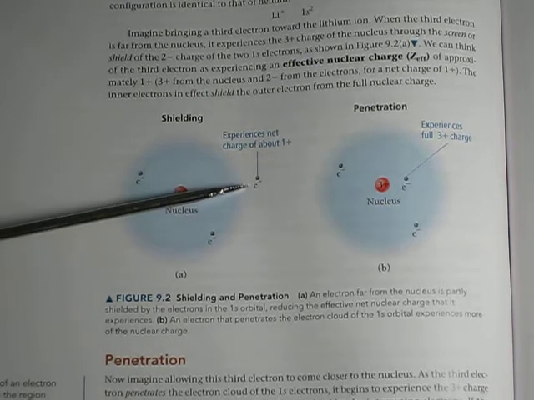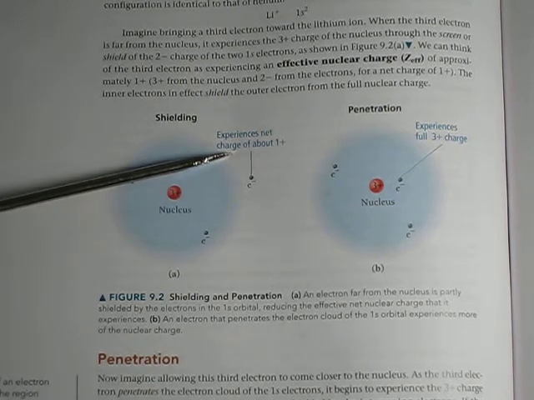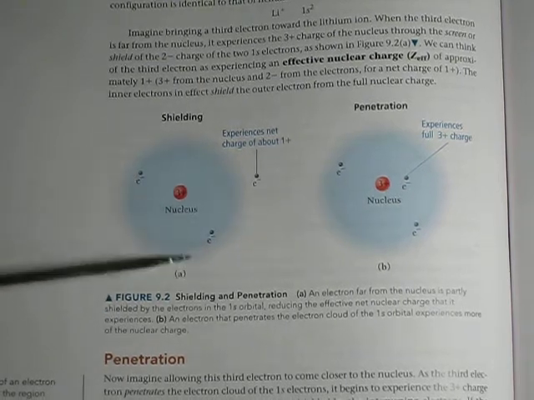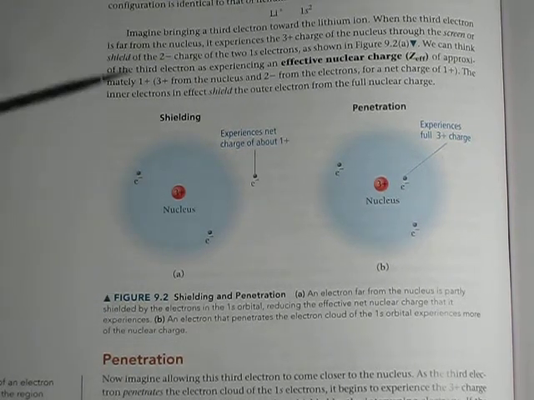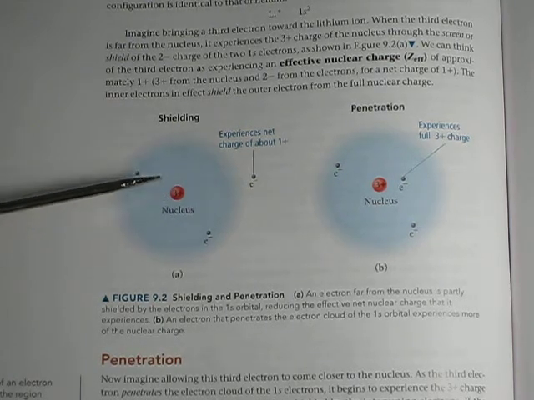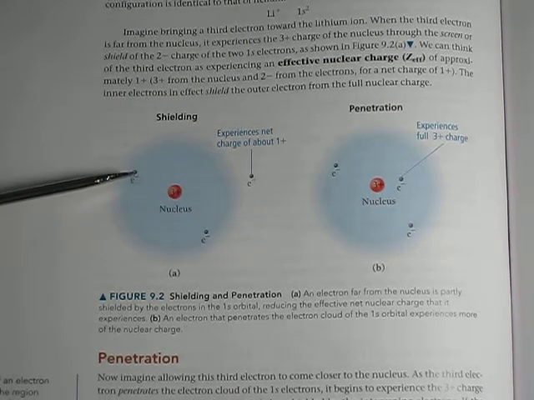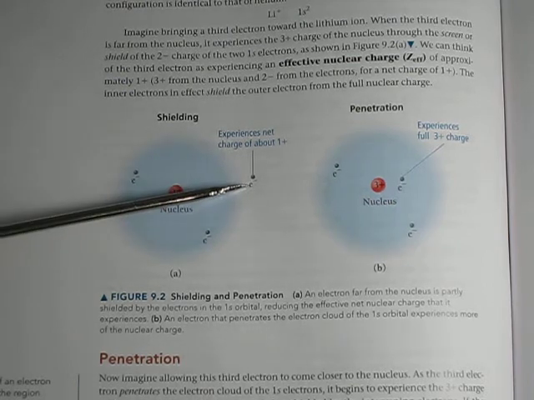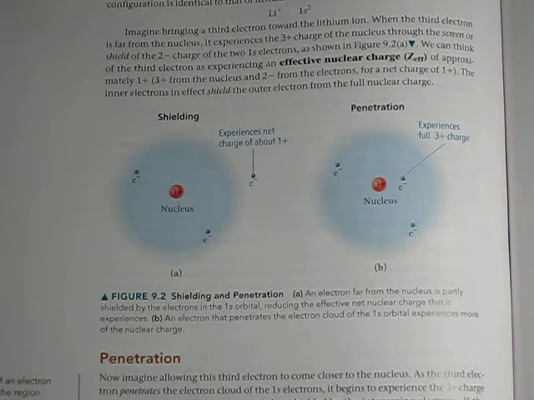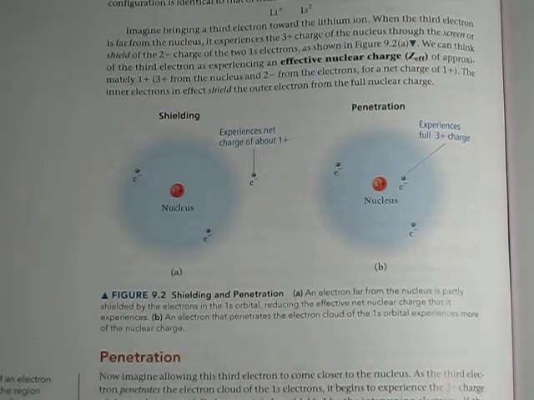So if you had an electron somewhere outside of that orbital, we can see that it is only going to experience about a +1 charge, because these 2 negative charges neutralize 2 of the positive charges of this nucleus, leaving only 1 positive charge left over. 3+ here and 2- here means this electron out here is only really going to feel about a +1 charge. These 2 electrons are shielding the nucleus from that electron.